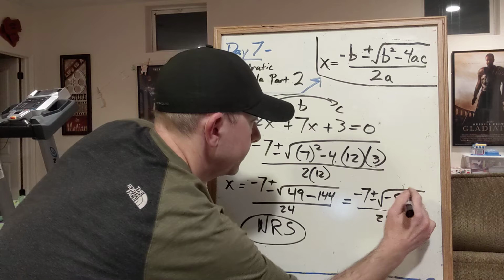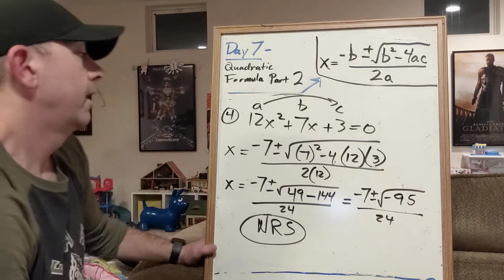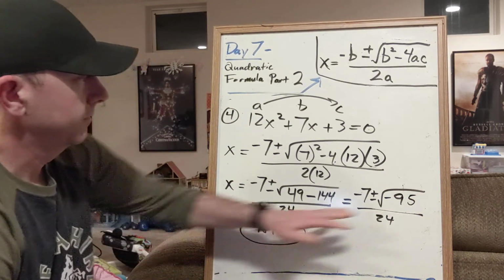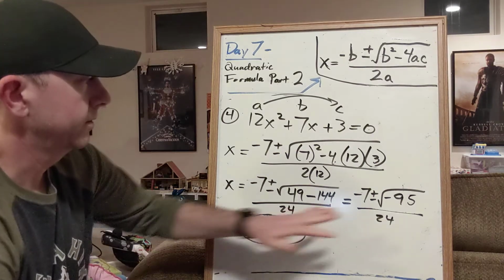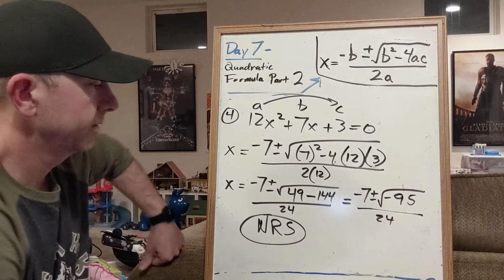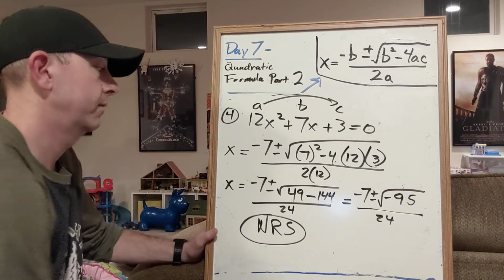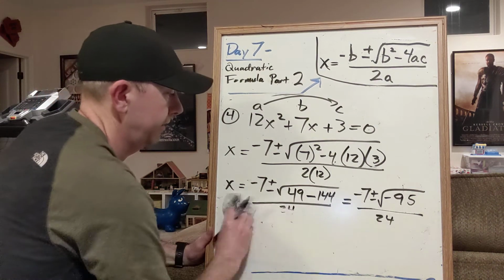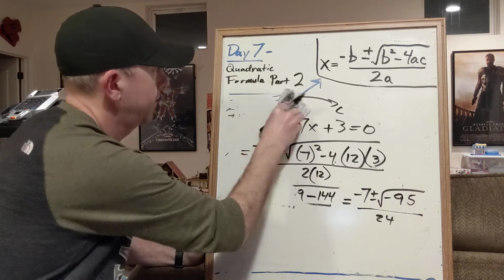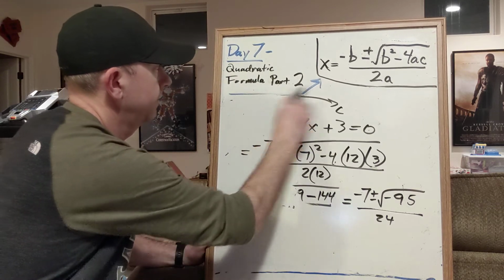Sorry, I had to think about that for a second. But anyhow, it doesn't matter what the negative number is there. As long, for what we're doing, it's going to be no real solution. And there you go. Okay, so that is number 4. No real solution when you get a negative underneath there. Doesn't happen all the time, but something to be aware of.